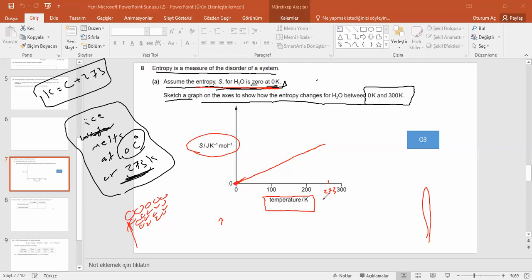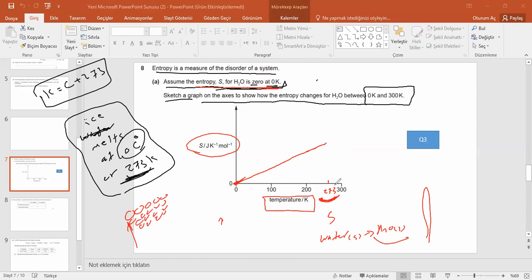Guys, as I told you, this is the melting point of water. This is the temperature at which solid becomes liquid water. So at this point, the entropy increases tremendously.